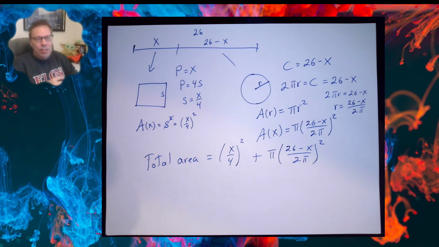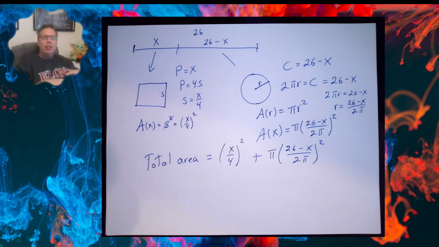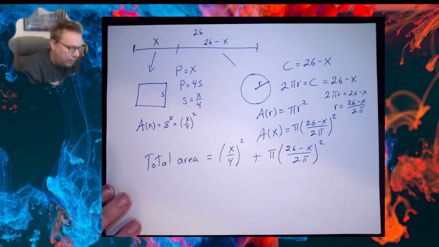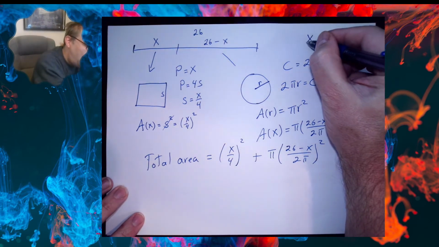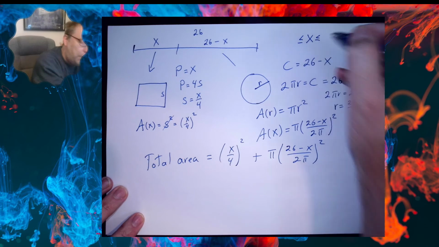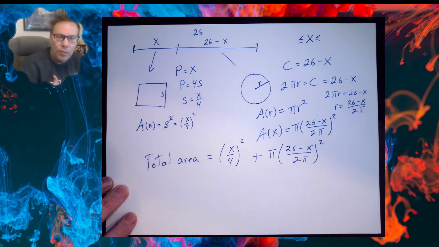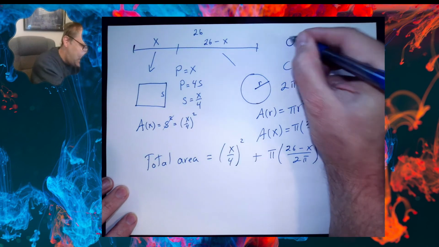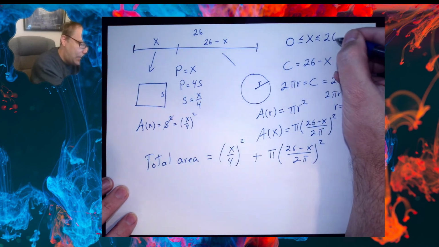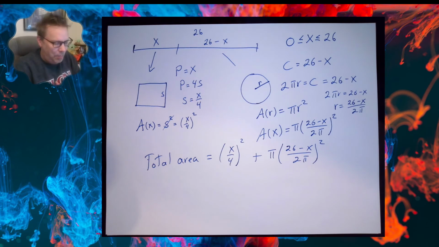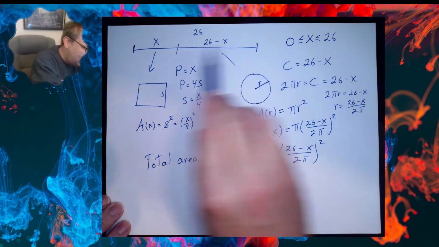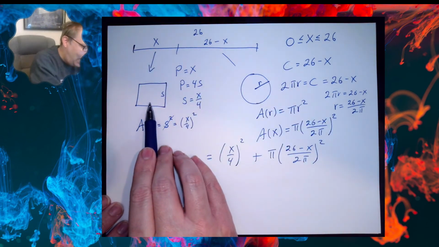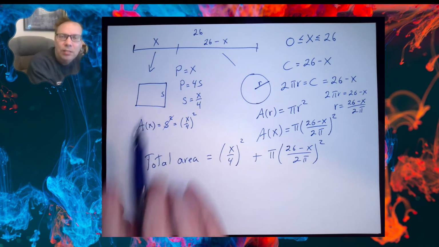Now, before I continue, I'm always talking about, is this a closed interval problem or not? Well, let's think about x for a moment, because we have control over x. x could be 0, and x could be 26. That's the largest it could be. If x is 0, how much wire goes into the square?